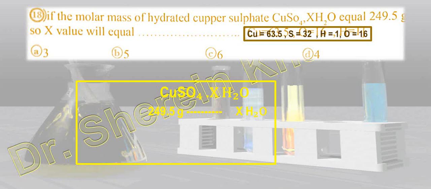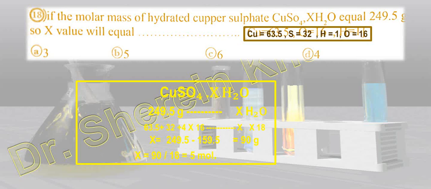We have 249.5 gram. We will calculate the molar mass of only copper sulfate, without the molar mass of water. We will take 63.5 plus 32 plus 4 times 16. So the right answer will be 159.5 at the end of calculation.